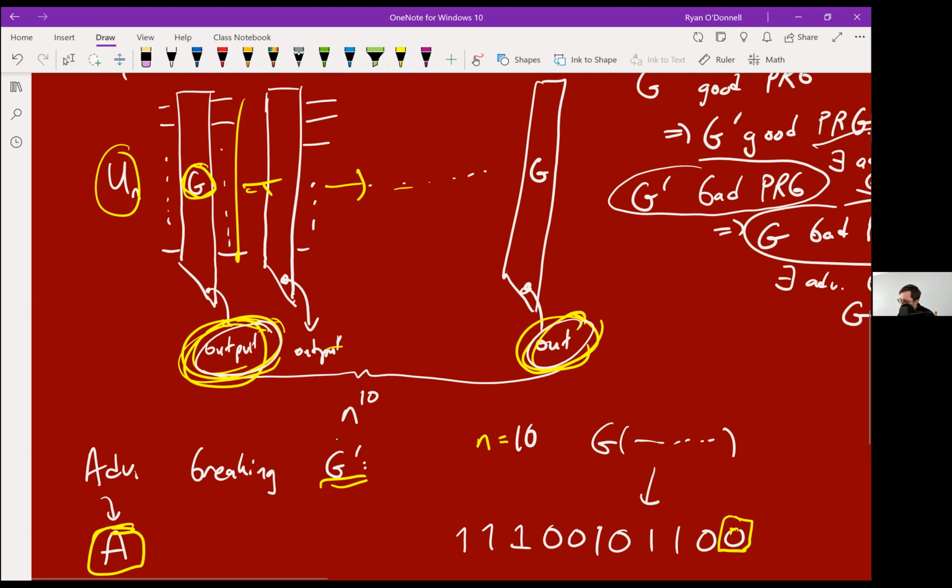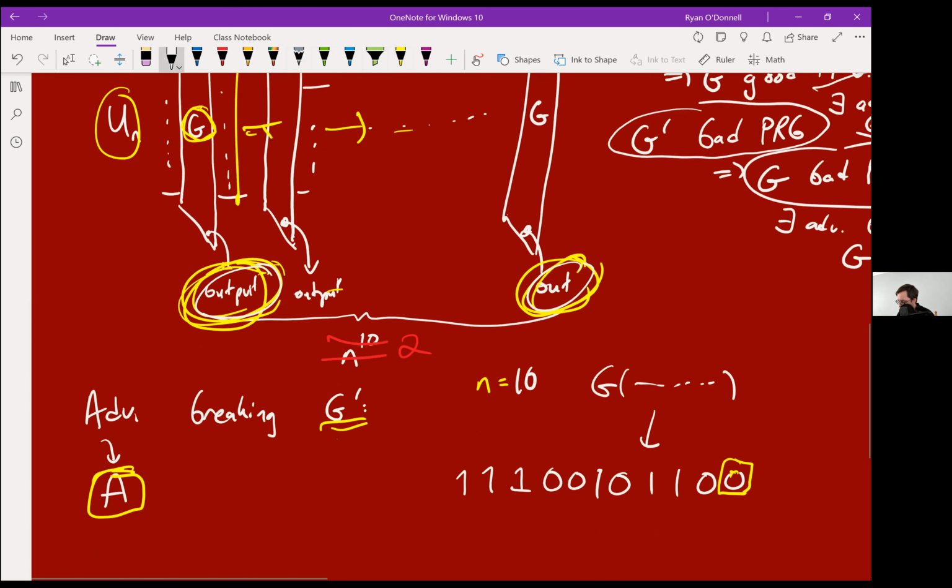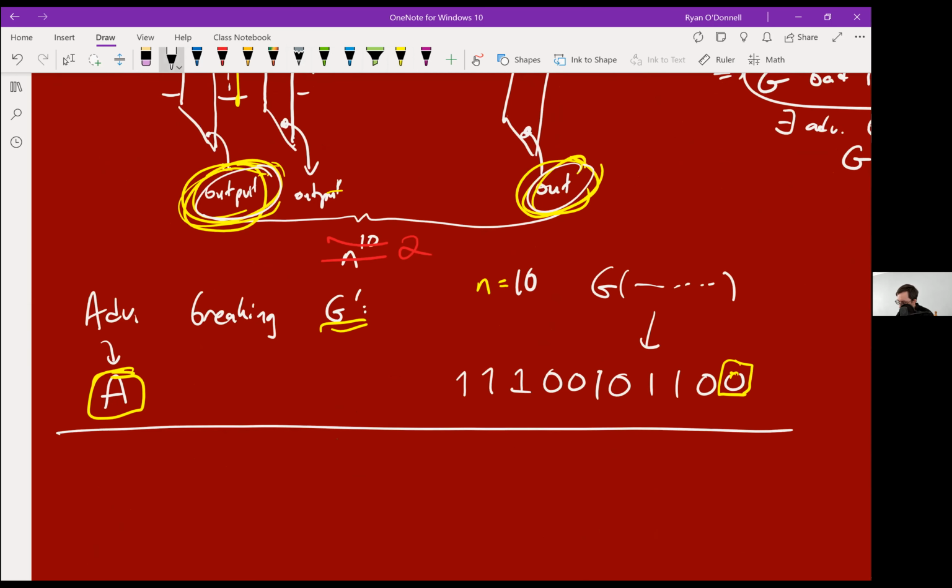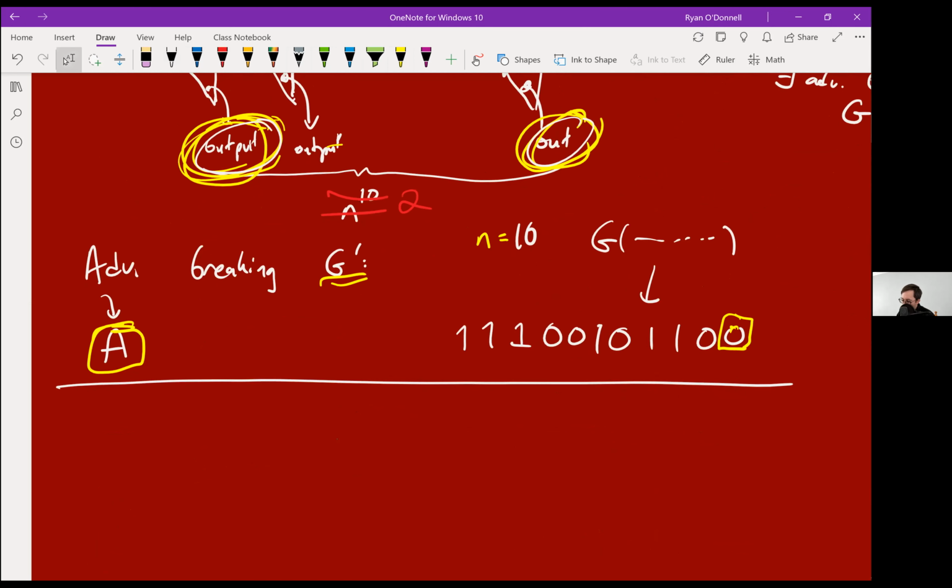No. Maybe we should imagine, hopefully this will make things simpler, let's imagine that this is not n to the 10, but it's 2. So let me try to draw this picture again. Imagine NIST puts out a standard generator G that stretches 10 bits to 11 bits.